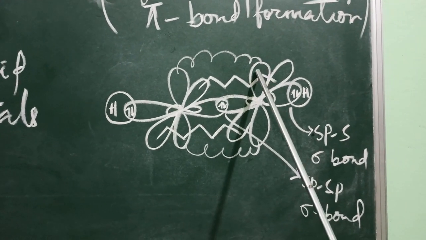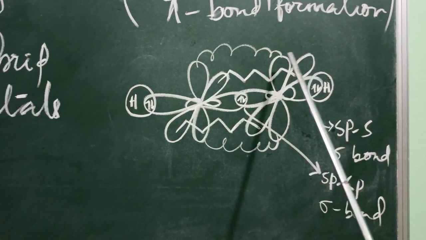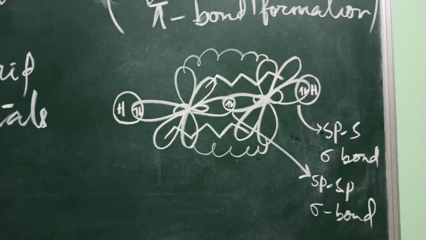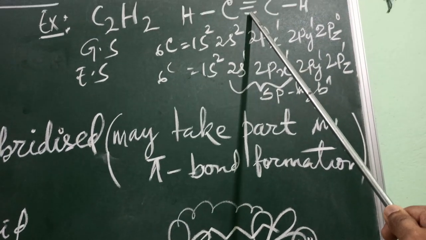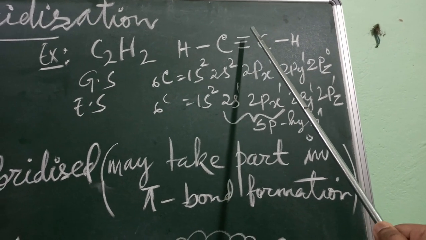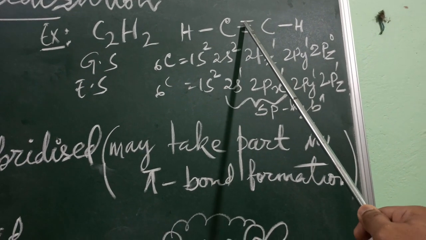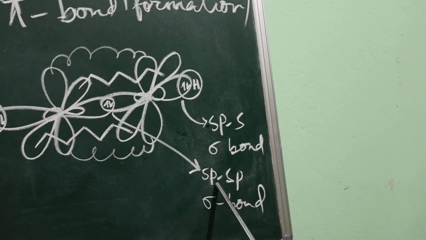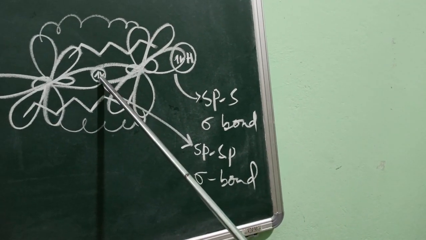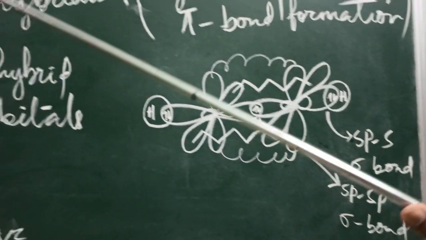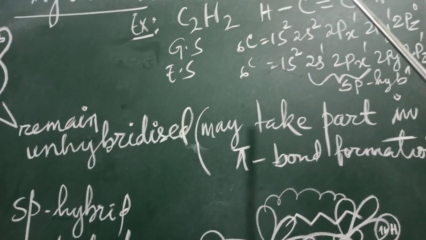This p and this p, this p and this p are overlapping sidewise to form the pi bonds. As we see, these are the two pi bonds and one sigma bond. This sigma bond is the sp sigma bond, by the head on overlap here. So this is the sp hybridization.